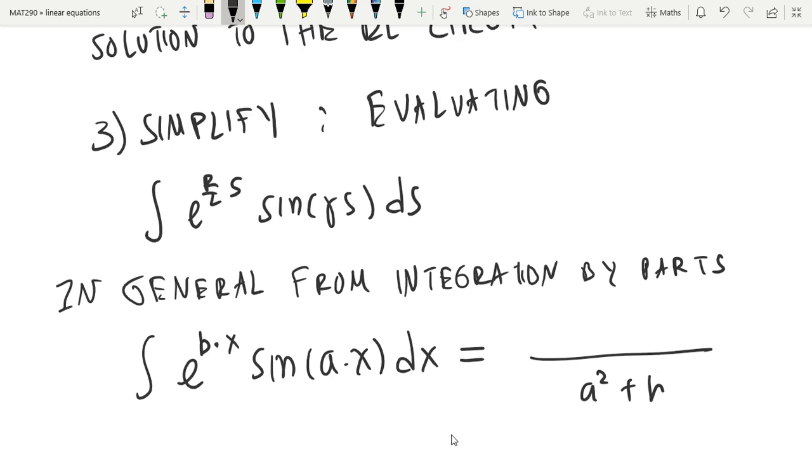So 1 over a squared plus b squared, and sine of ax times b minus a times cosine of ax, in this entire thing, times e to the bx. Okay.